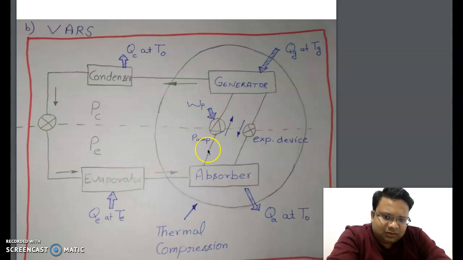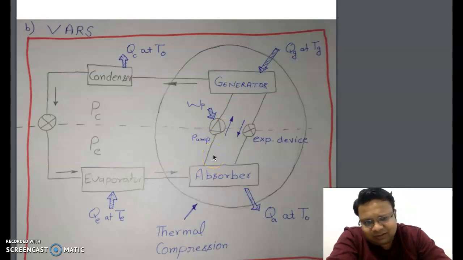So we need not do very high work. That would be very less as compared to the work which we do in compressors. So we will pump this strong solution inside this generator.